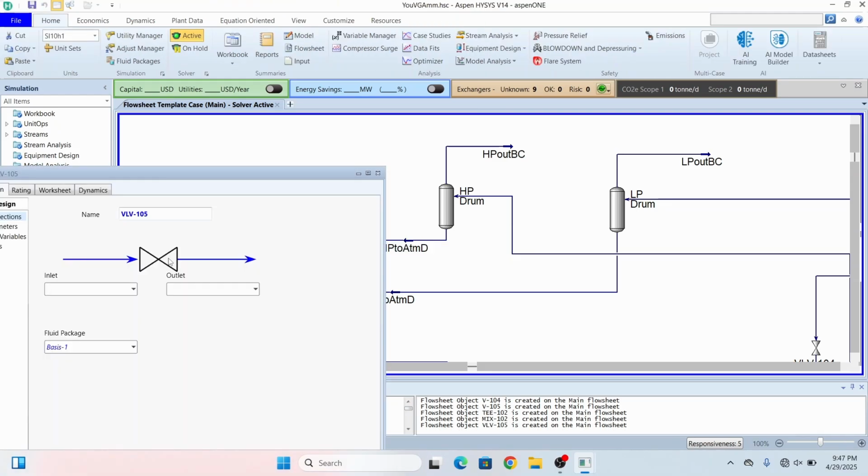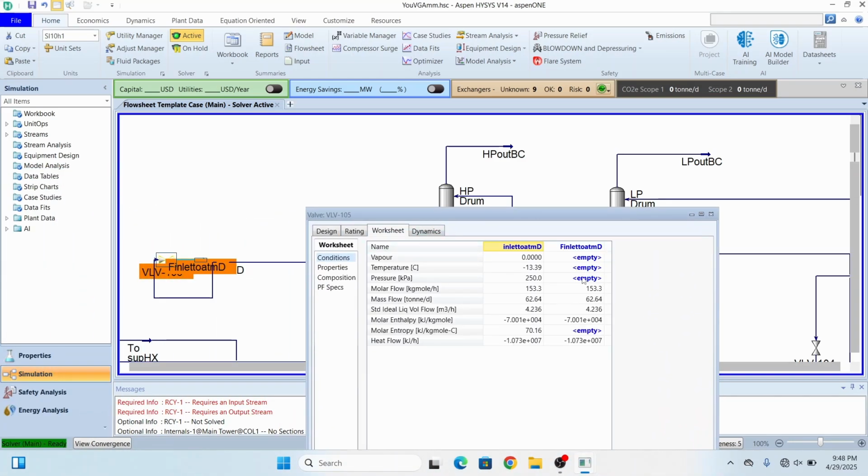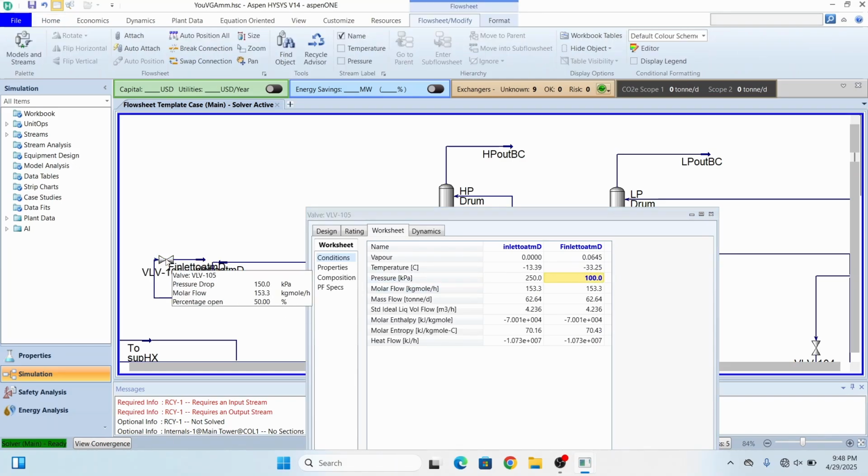I will double click on it, and the inlet is inlet to atmospheric drum, and you can write the outlet as final inlet to atmospheric drum. After that, it will ask what my outlet pressure will be, so you can write 100 kilopascal. Now I will make a little change to its direction. Now it is good.